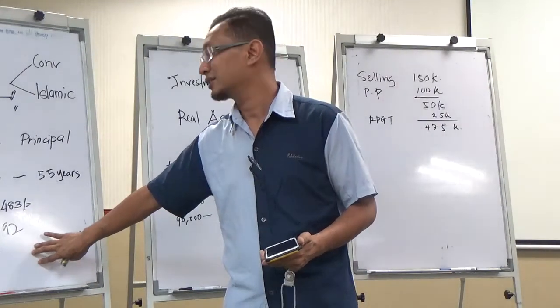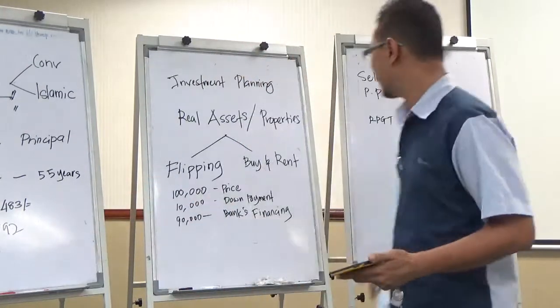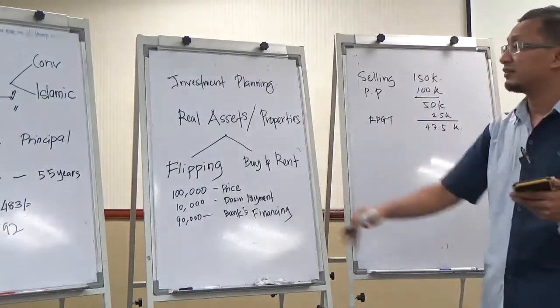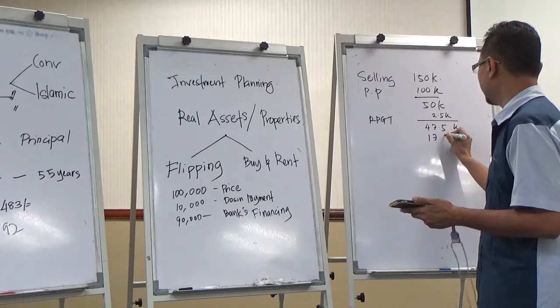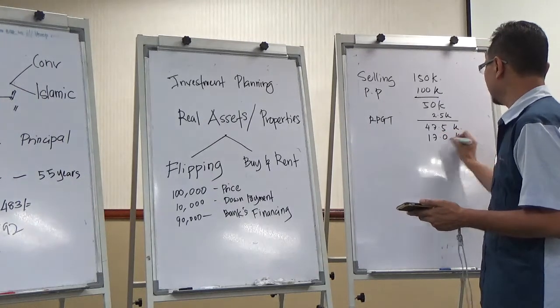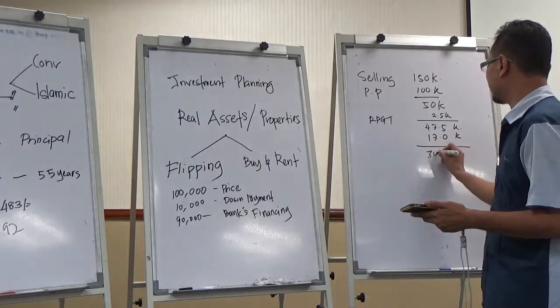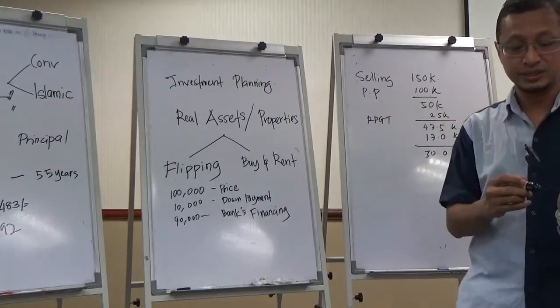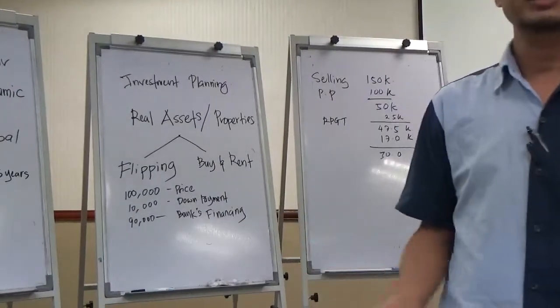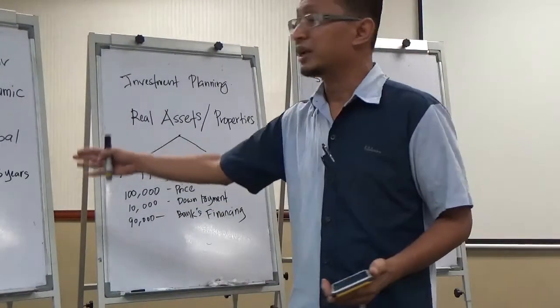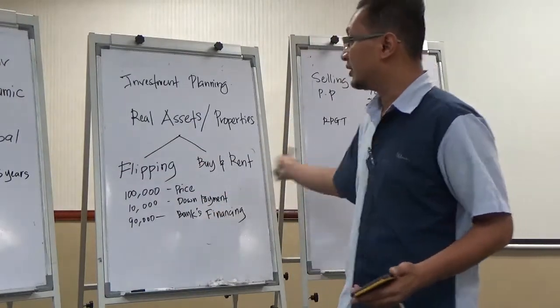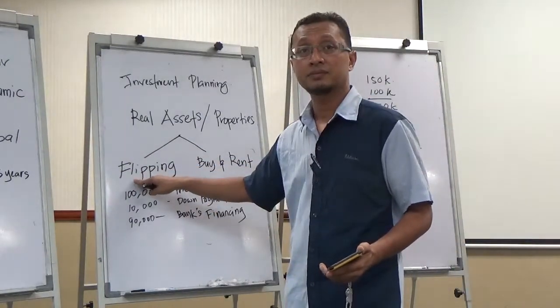Let's take a round figure of 17,000, so you will get about 30,000 here within 2 years. This is a very simple calculation of how you can get money from flipping.